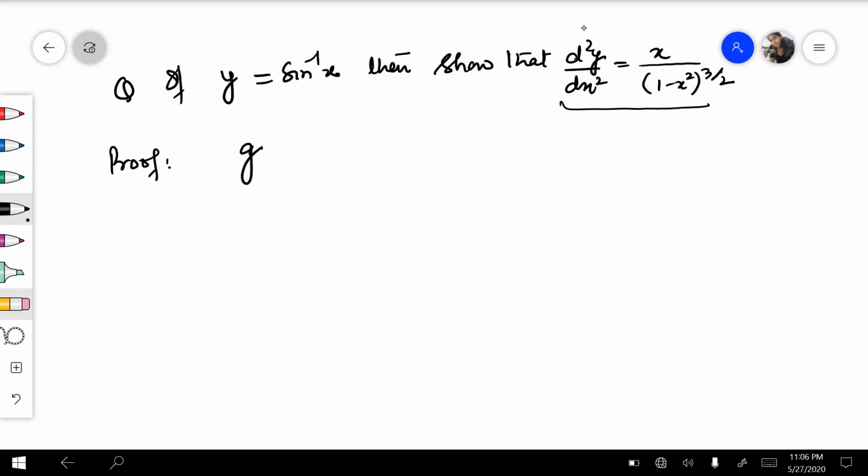So given y is equal to sine inverse x. Since we need to find double derivative, so first we need to find the derivative of this function with respect to x.